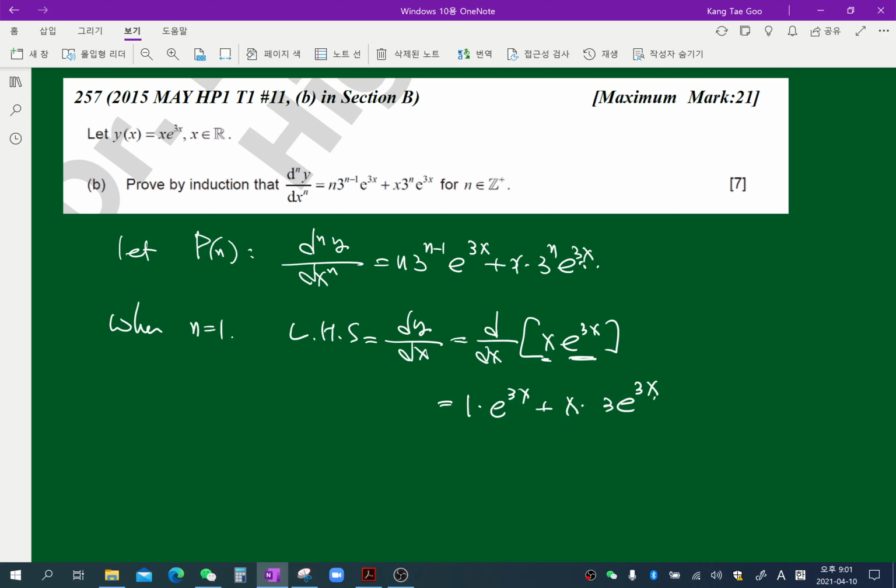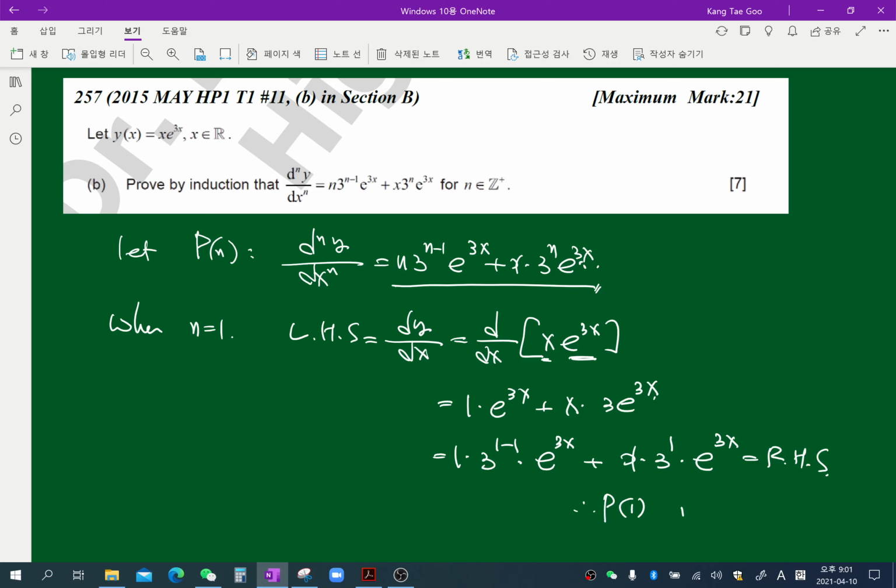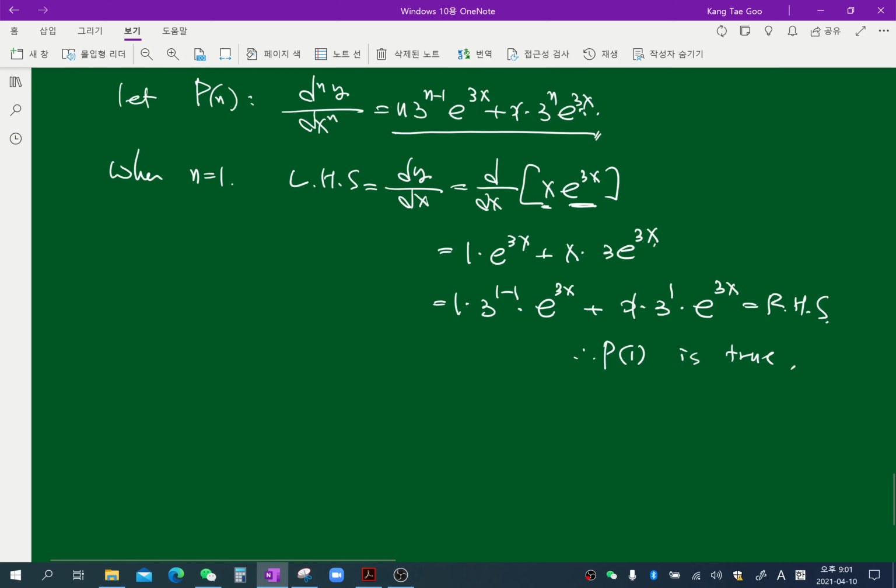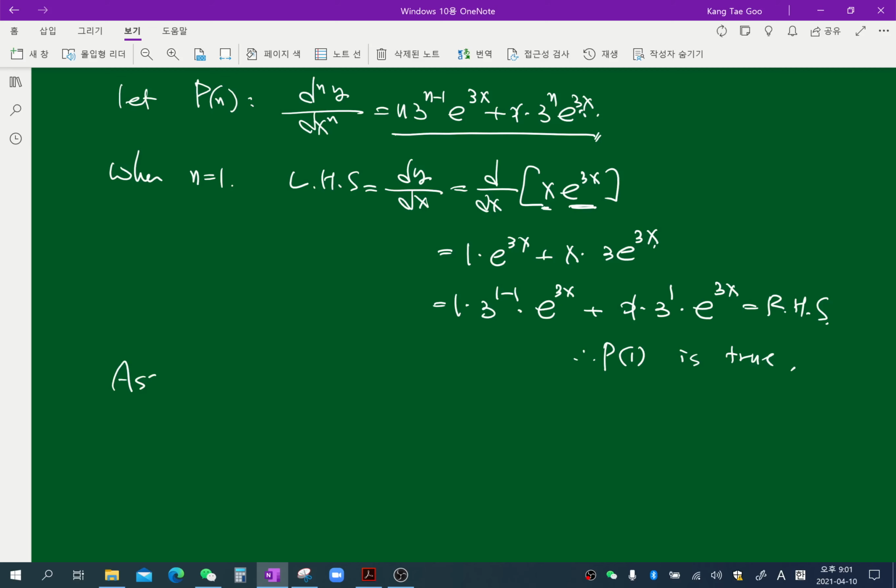Then we match this with this shape, so there is 1 times 3^(1-1) times e^(3x) plus x times 3^1 times e^(3x). That is your right hand side. That's why your P1 is true, right?